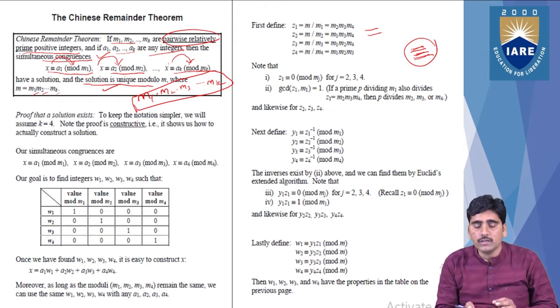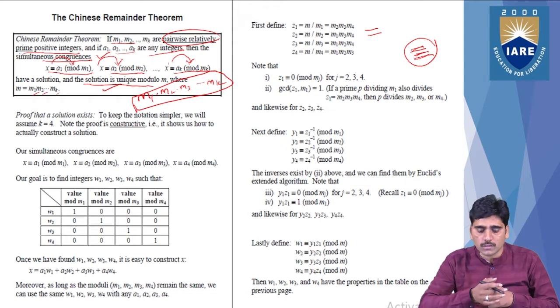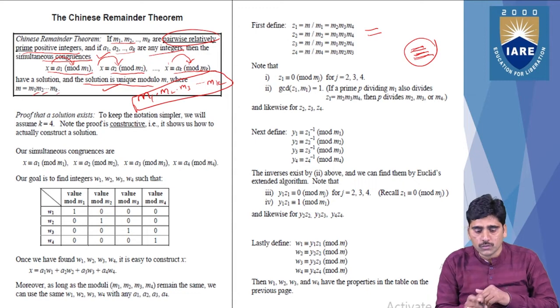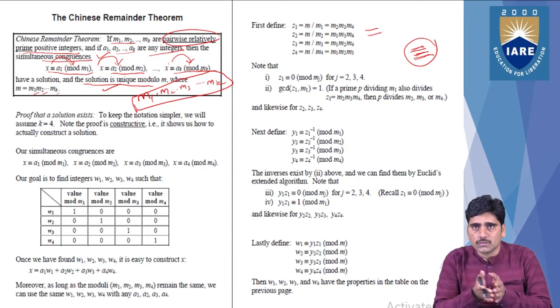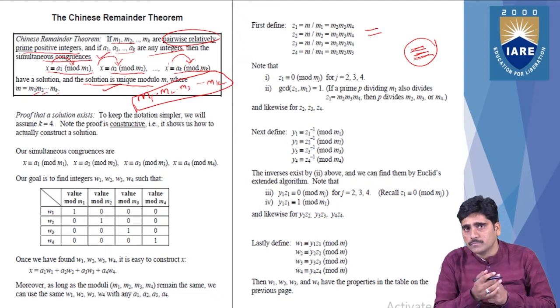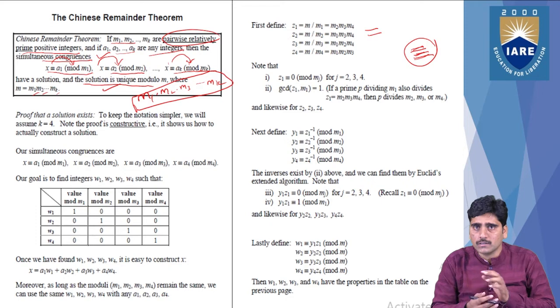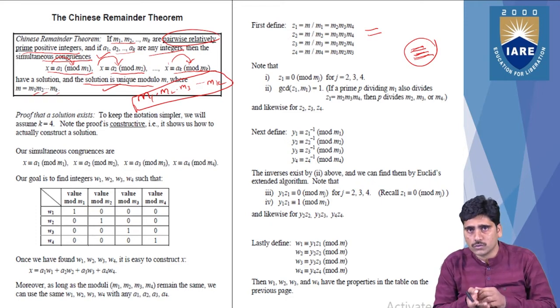So we need to find the solution of those simultaneous congruences, x equals some value, x equals some value, and find the unique solution for all of them. So how are we going to show this?